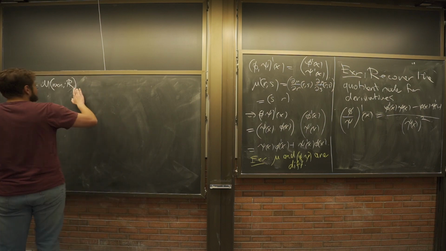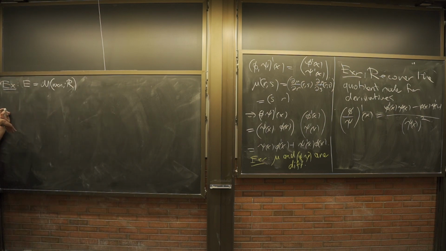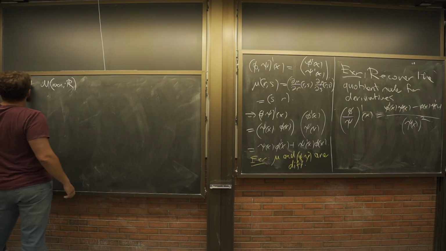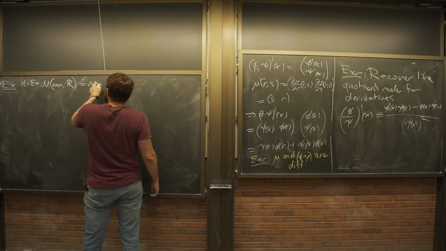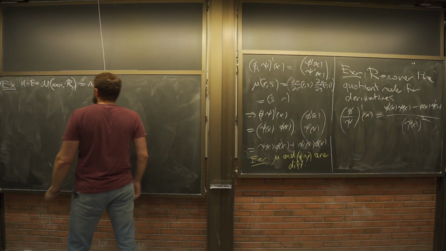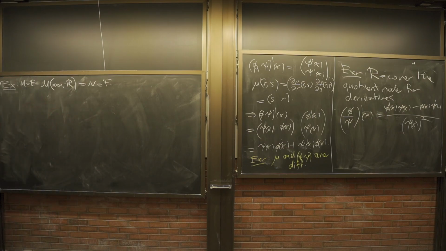And I'm going to take M to be the same thing as well, because any set is open in itself. That's why I can take M to be equal to E if I want. And likewise, I can take N to be F. And likewise, in fact, N and F2 are going to be the same space. My function from M to N is going to be nothing but take X, a square matrix, and send it to X squared.